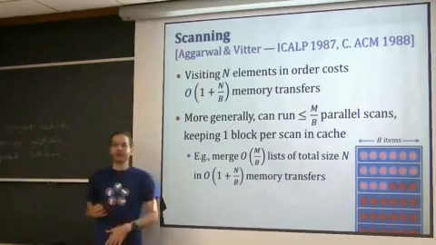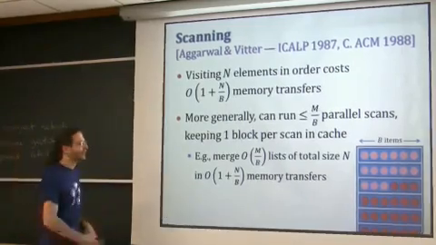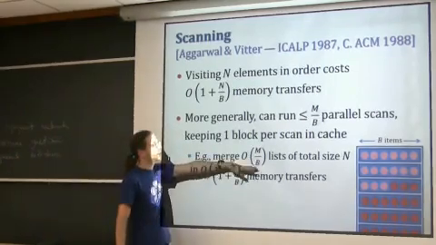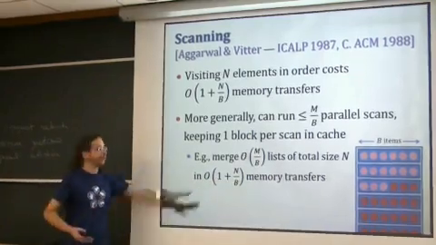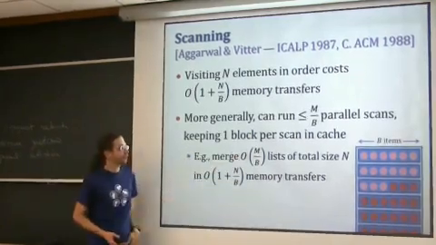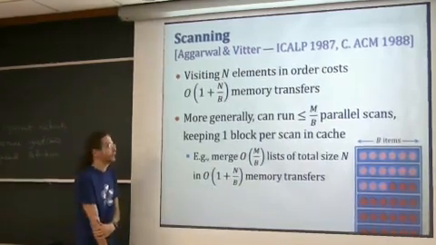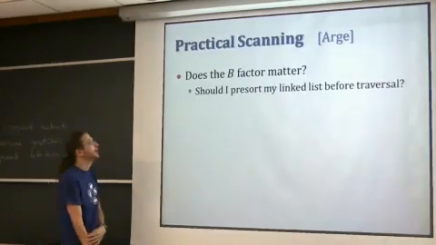Some of them could be read scans, some could be write scans, some could go backwards, some forwards. A lot of options here. In particular, given a little bit less than M over B lists of total size n, if they're sorted lists, you can merge them into one sorted list in optimal n over B time. So that's good. We'll use that in a moment.